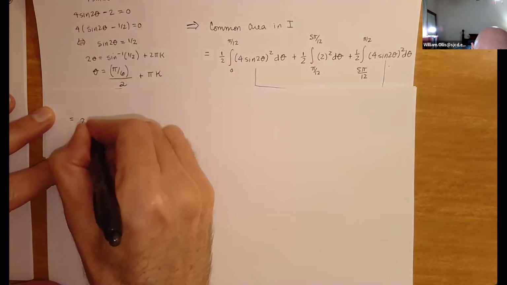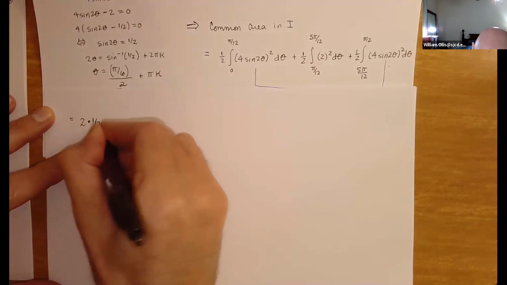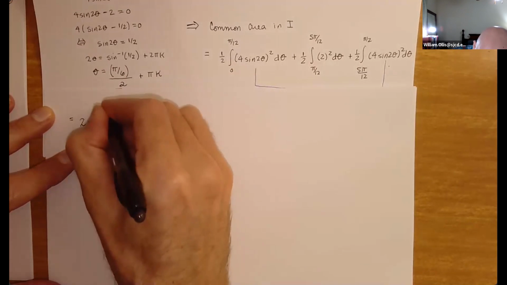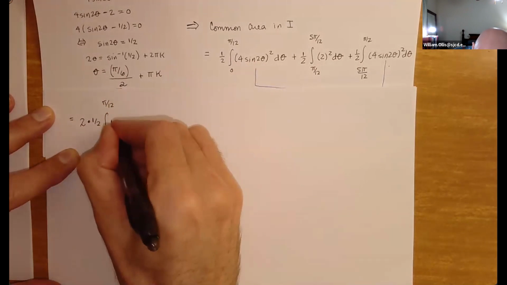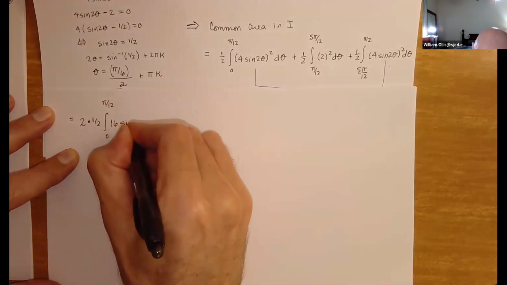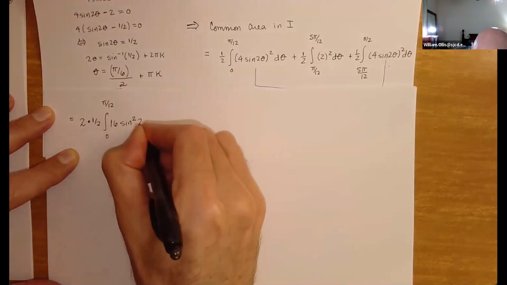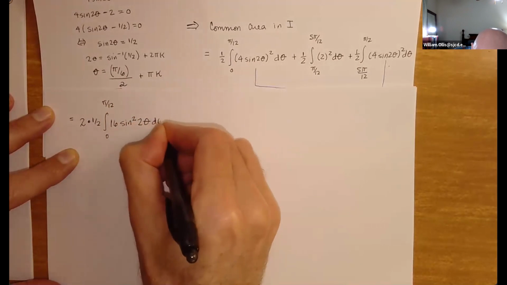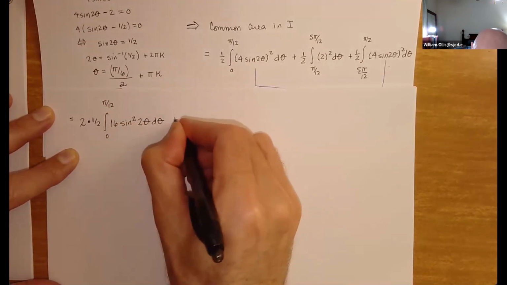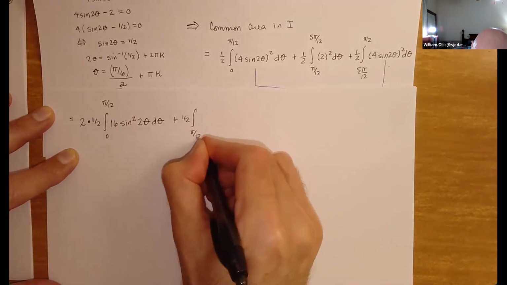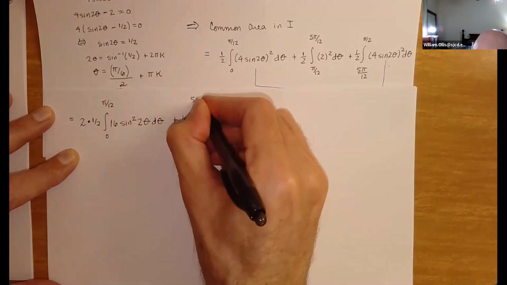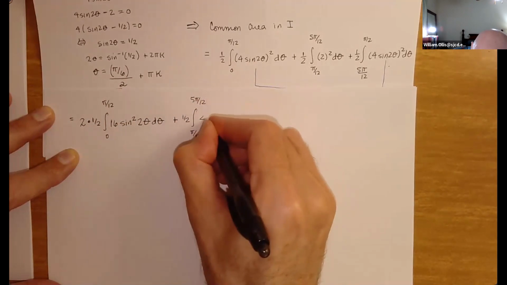So we'll have 2 times 1/2 integral from 0 to pi over 12, and we'll go ahead and square it out: 16 sine squared 2 theta d theta, plus 1/2 integral from pi over 12 to 5 pi over 12 of 1 d theta.